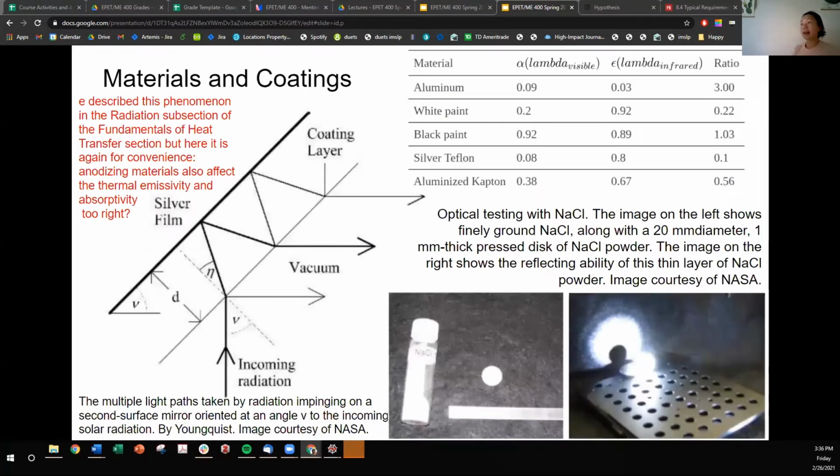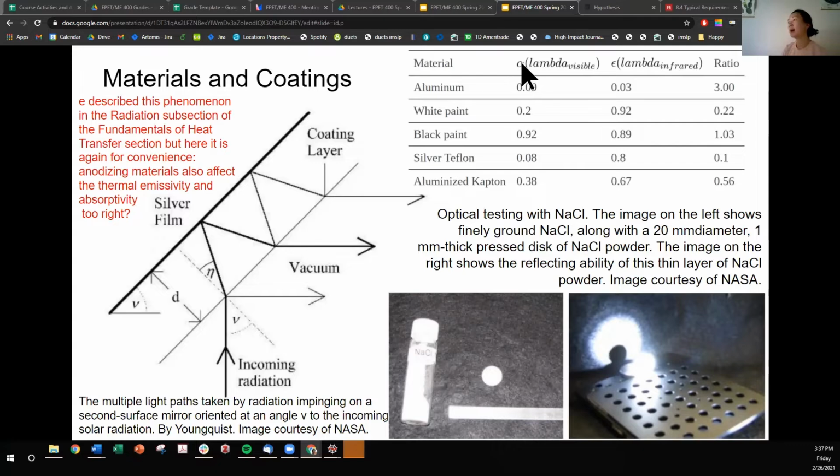So let's go into passive solutions. We've covered materials and coatings when we talked about absorptivity and emissivity. There's just one concept that I want to clear up. I don't think I explained this well last time when we were going over the fundamentals of heat transfer.